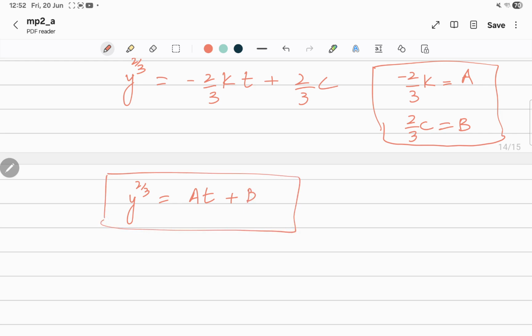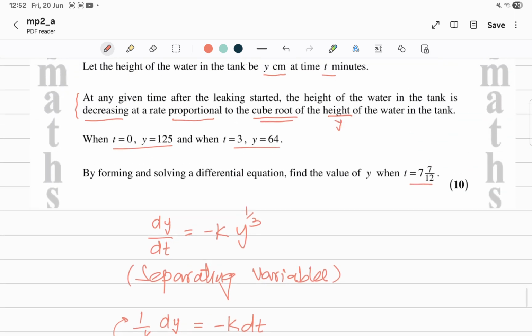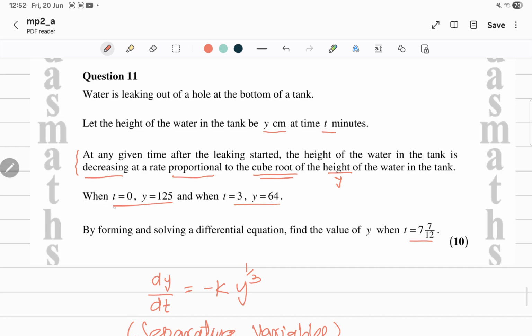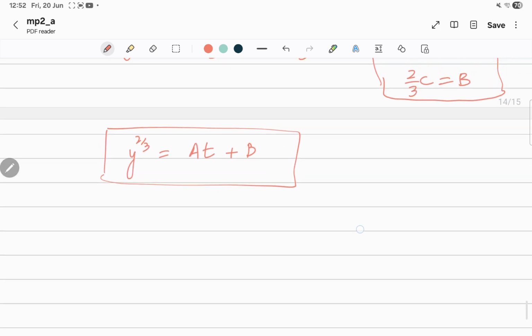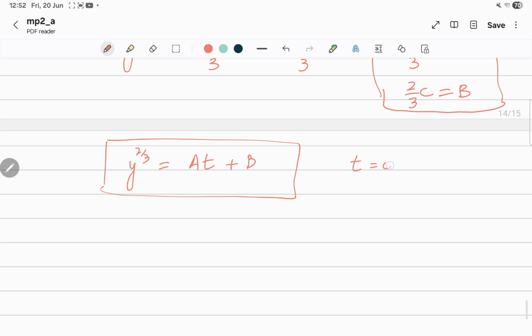Now we can apply the given conditions from the question. The first condition is when t equals 0, y is 125, and when t equals 3, y is 64. So when t is 0, y is 125.